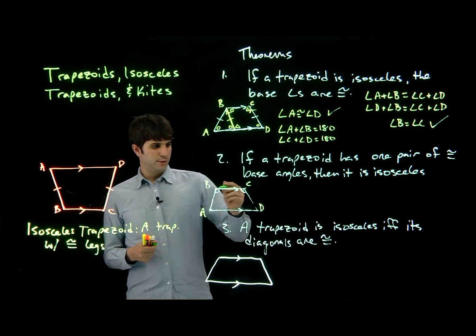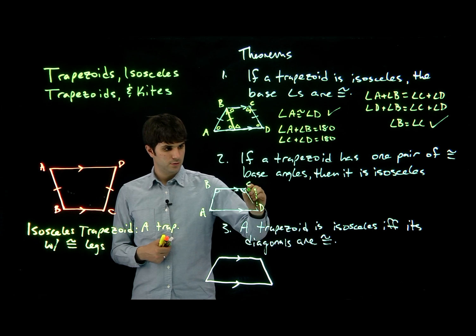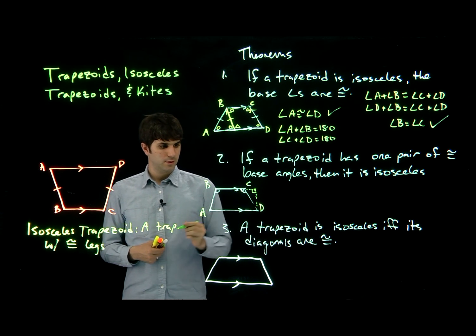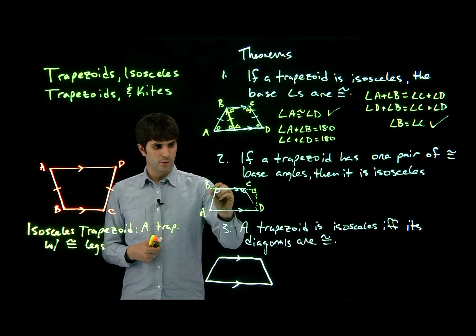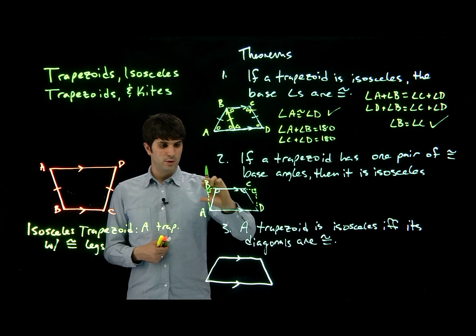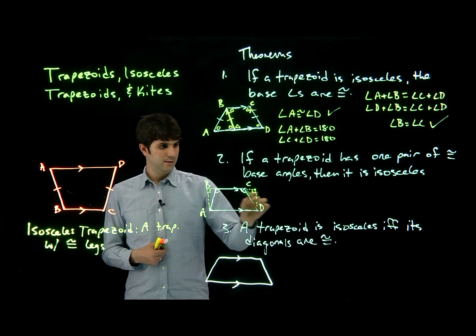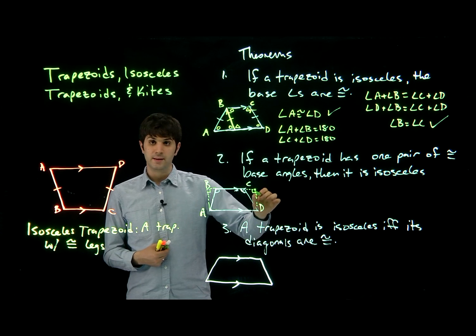Okay, so what we have to do here is I want to draw a point here and make a right triangle. Okay, so I want to make a right triangle here, and I want to make a right triangle here. Now we know that since these two lines are parallel, we know that this line and this line are going to be the same.